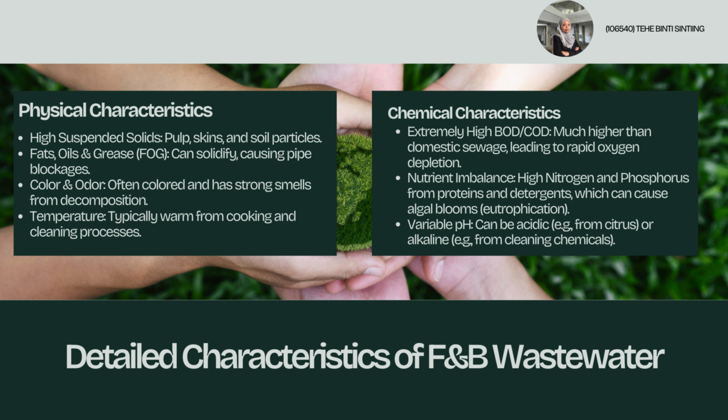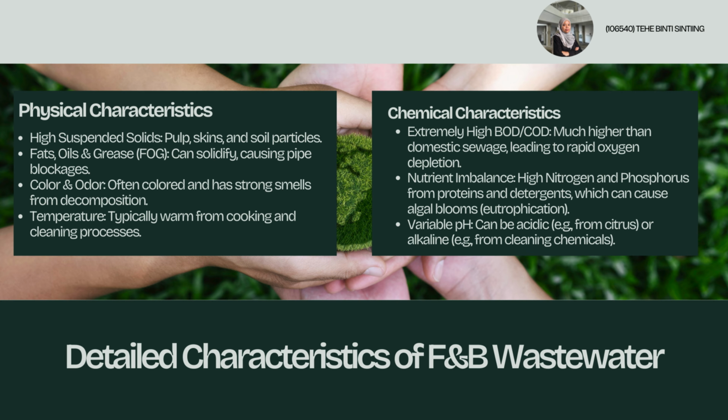Next are the detailed characteristics of F&B wastewater. Food and beverage wastewater has distinct physical and chemical characteristics. Physically, it contains high suspended solids such as food pulp, skins, and soil particles, as well as fats, oils, and grease that can cause blockage in pipelines.